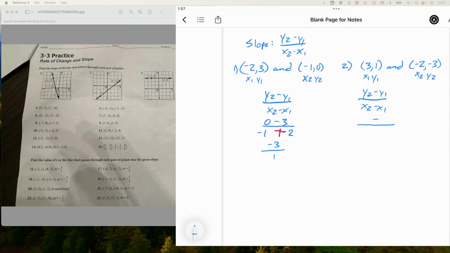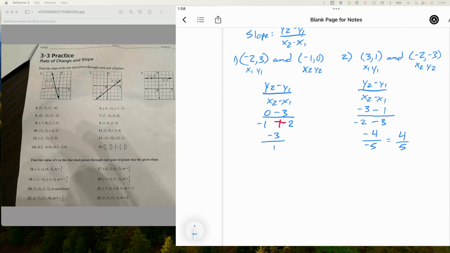Again, draw the fraction bar first with the minus signs so you prevent yourself from making silly mistakes with negatives. Negative 3 minus 1, negative 2 minus 3. Negative 4 over negative 5. Two negatives divided by each other would make this positive, so that is equal to positive 4 over 5.